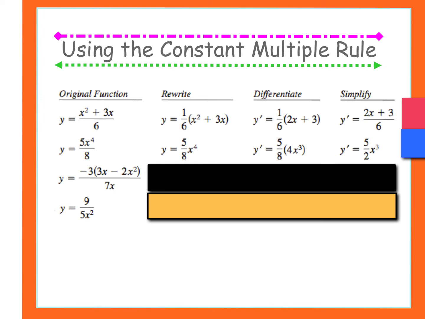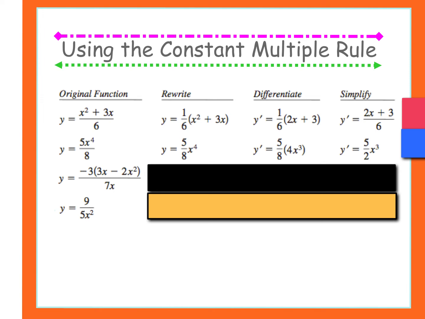This other one right here sure looks like a quotient rule, but it's not. What could you do? I don't want to make an exponent negative. What could we do? Take out -3/7?